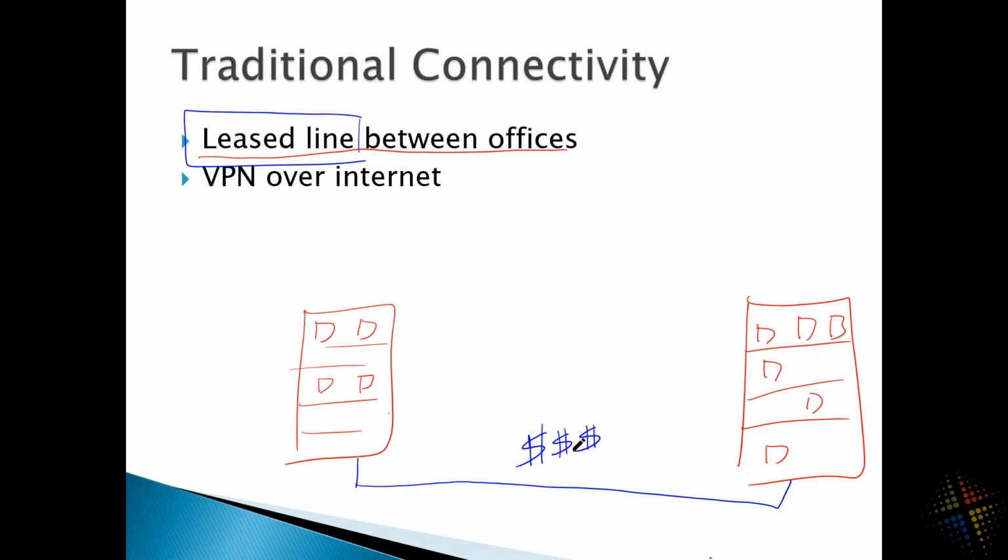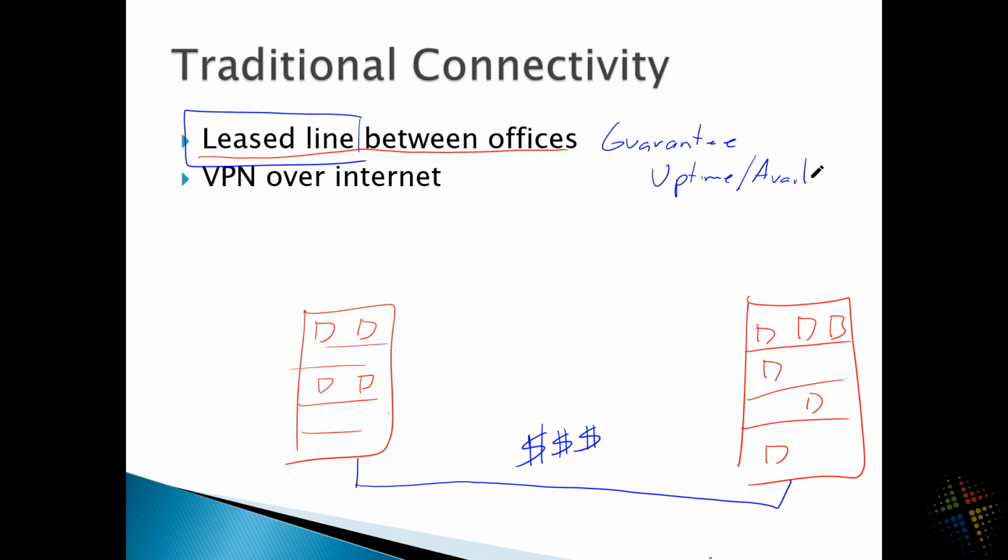The great thing about leased lines is, well, you're pretty much guaranteed a lot of things by having, hopefully that's how you spell guarantee. You are guaranteed a lot of things by having that leased line. You're guaranteed uptime and availability.